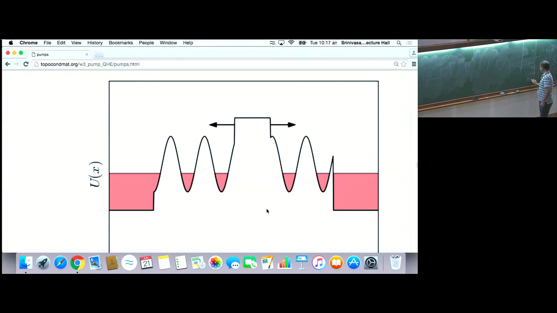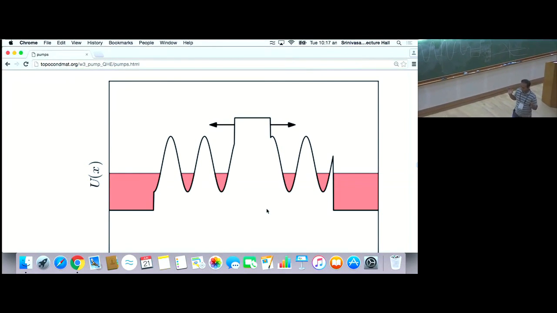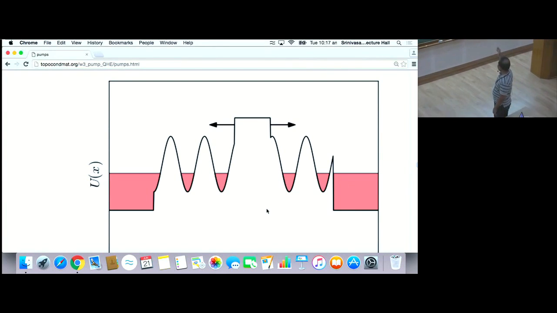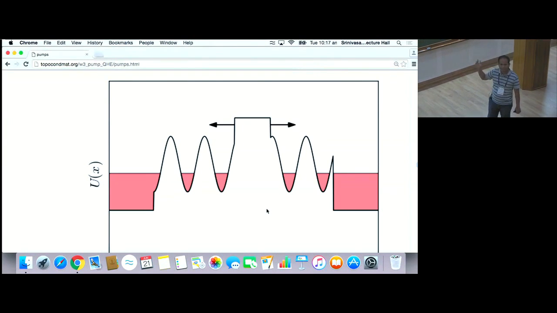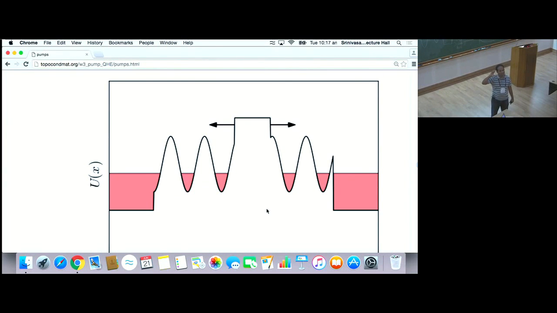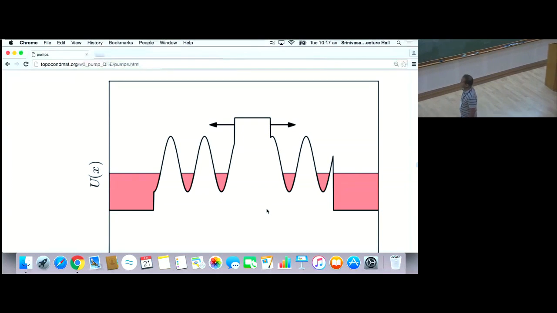What I mean is that I'm looking at a finite system, and the system is small enough so that I can apply the adiabatic theorem. The spacing between the levels is large enough so that I can apply the adiabatic theorem. That's the assumption that I'll make.